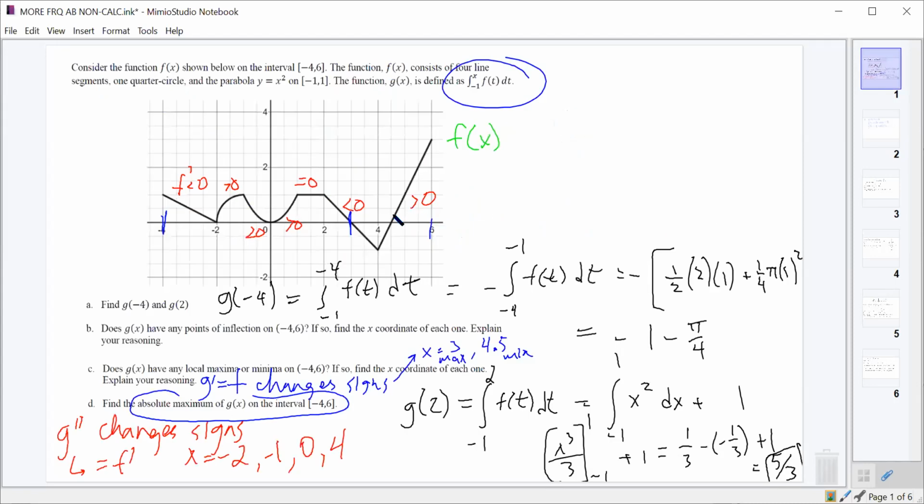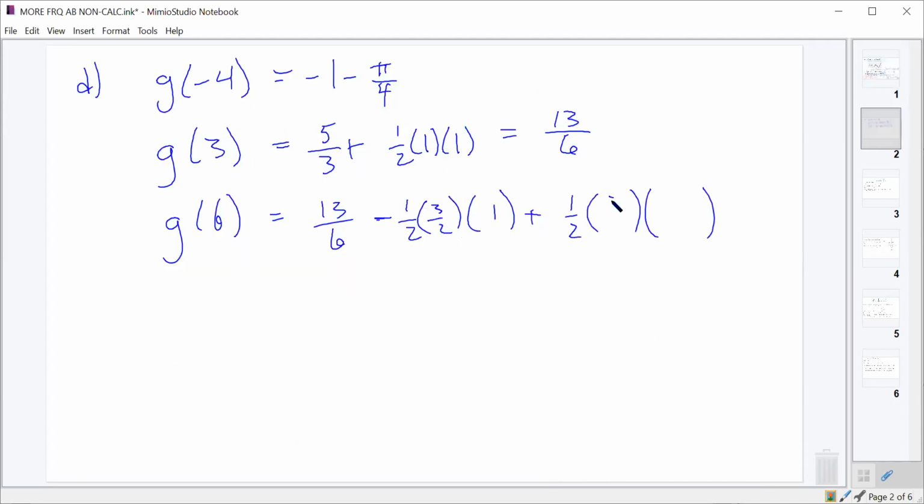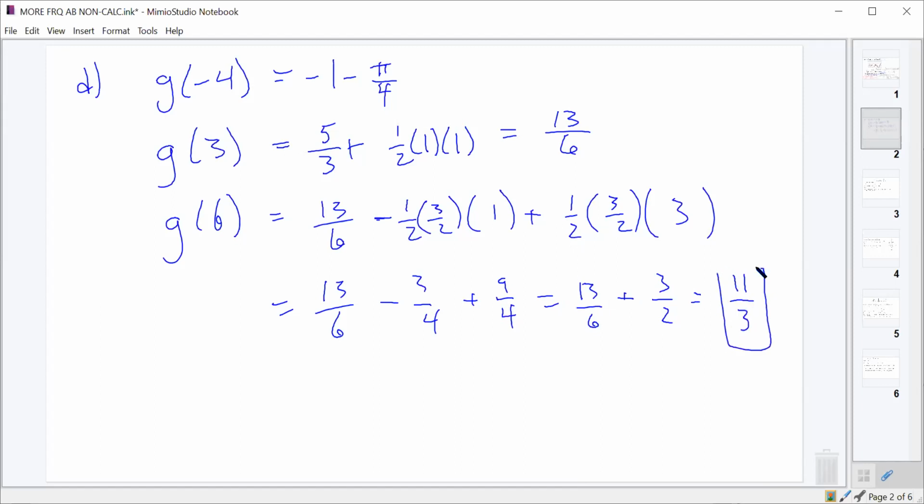The base here is also 3/2, and the height is 3. So we've got 13/6 minus 3/4 plus 9/4. And what is that? That's 13/6 plus 6/4, or plus 3/2, which ought to be 9/6, so 22/6. 22/6 is 11/3. And 11/3 is certainly more than 13/6, and it's certainly more than -1 minus pi over 4.